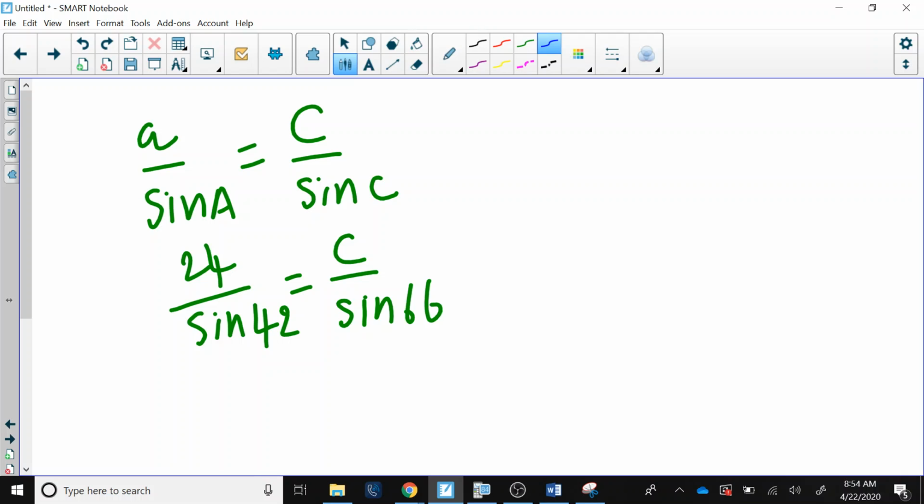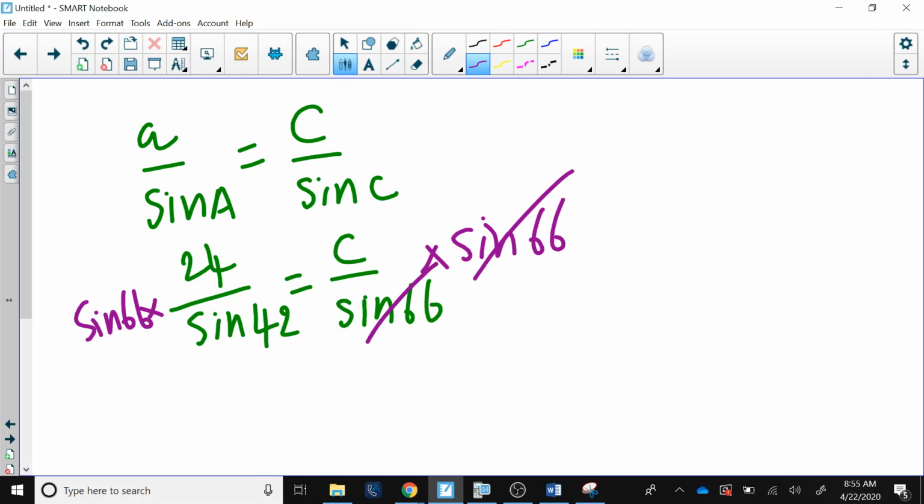Now let's multiply both sides by sine 66 because we need to find c. The sine 66 cancels out.